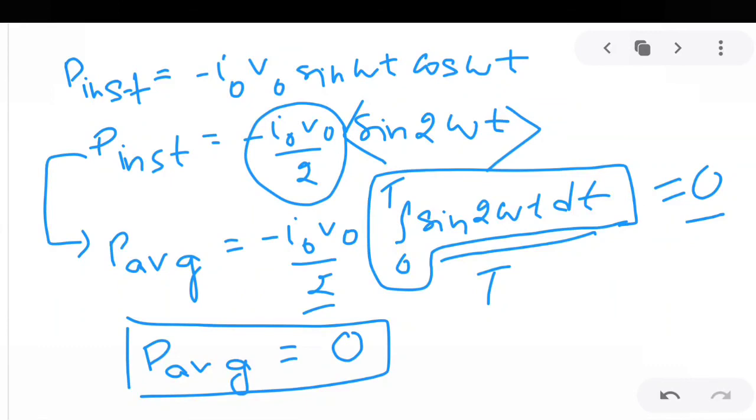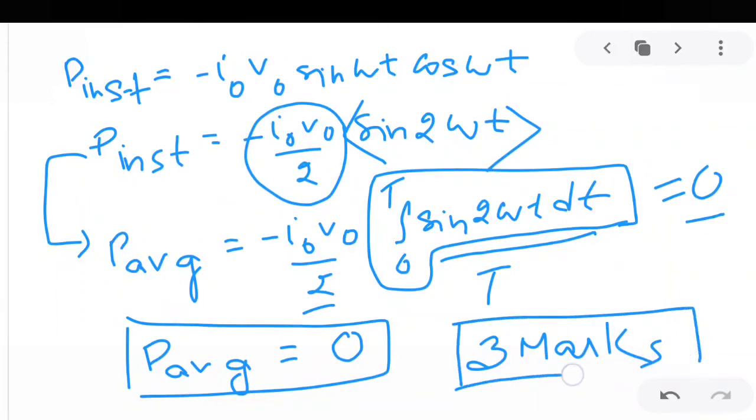Now this we have to write if the question is asked for 3 marks or 2 marks. Now similarly, for purely capacitive circuit, you can try it on your own. There the current will lead the voltage by phase angle of pi by 2.